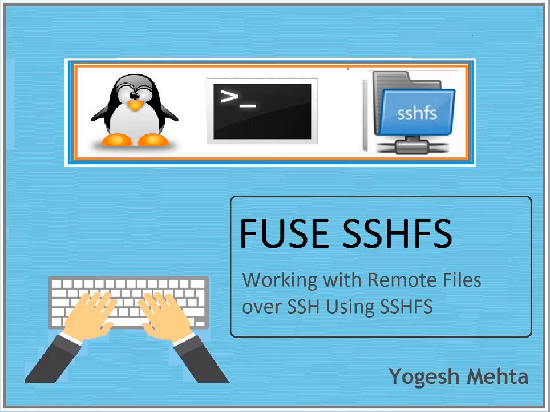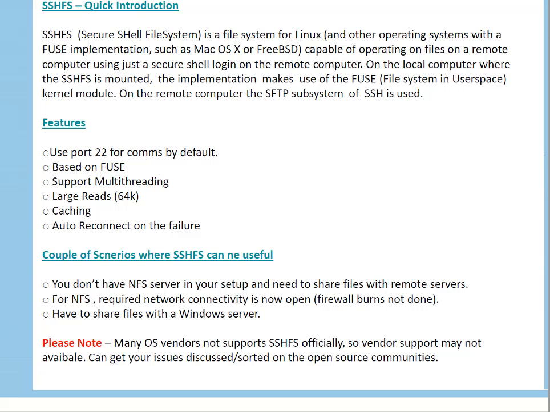In the session today, we are going to talk about working with remote files over SSH using SSHFS. A quick introduction. SSHFS, or Secure Shell File System, is a file system for Linux and other operating systems with a Fuse implementation, capable of operating on files on a remote computer using just a secure shell login on the remote computer.